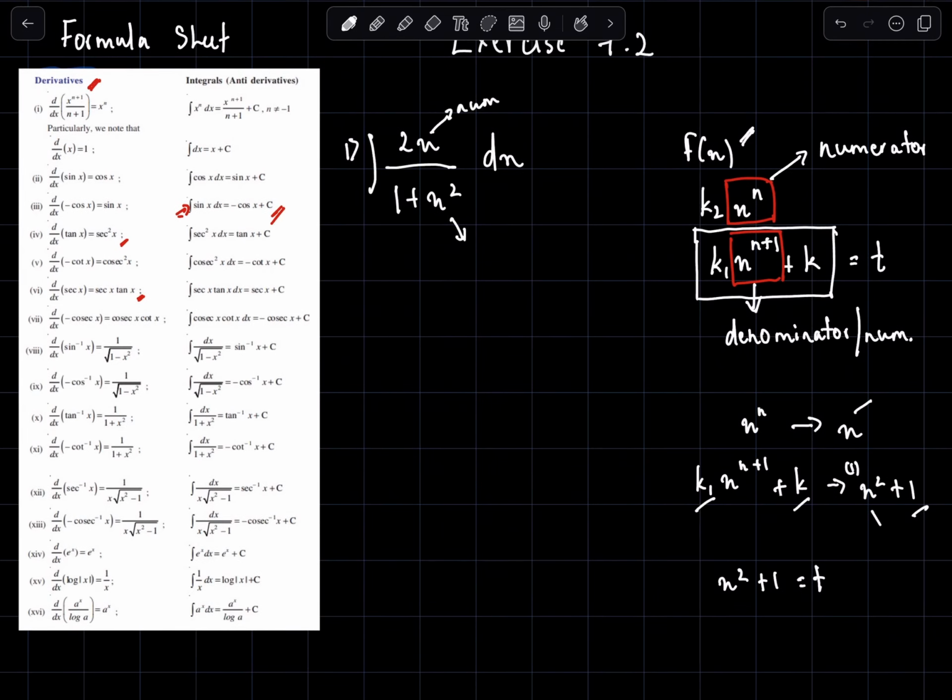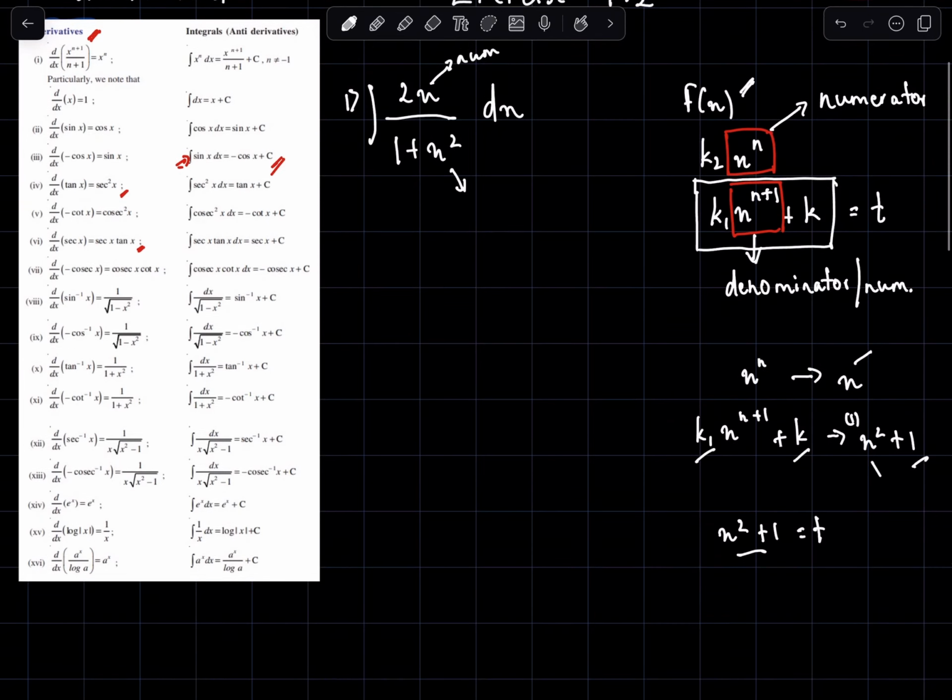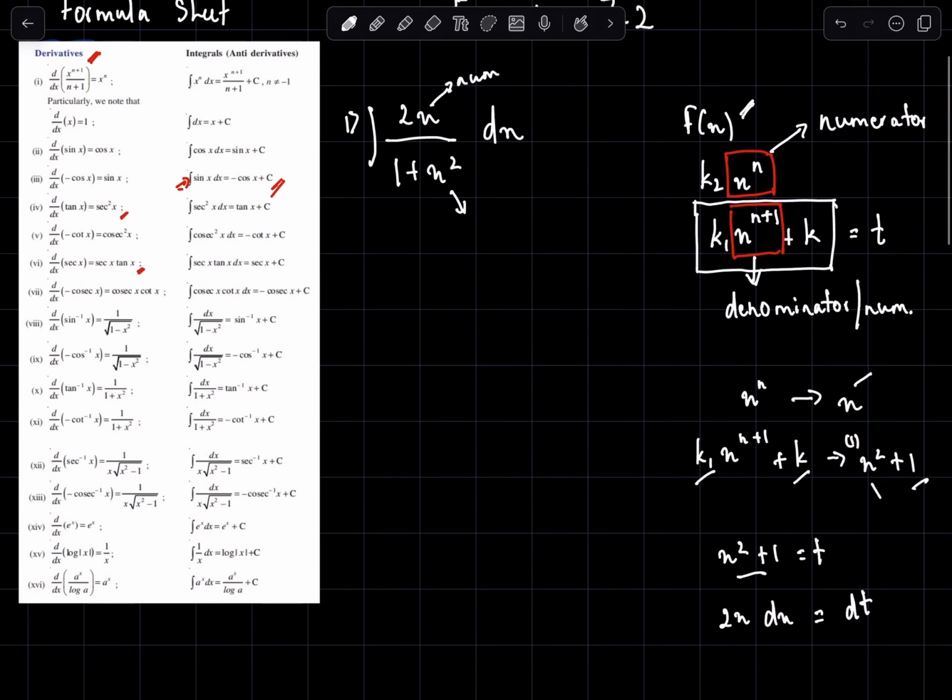The function of x, after differentiating, is 2x. Now 1 goes to 0, so you don't have to worry. Remember, when you differentiate on the x side, the whole thing should be multiplied with dx, is equal to, what's the differential of t? It's just 1 times dt, right? Correct?